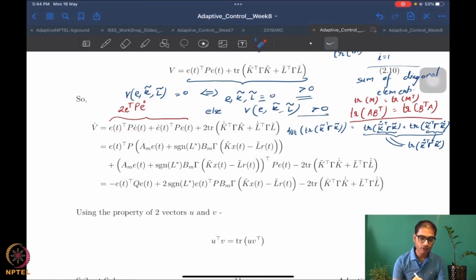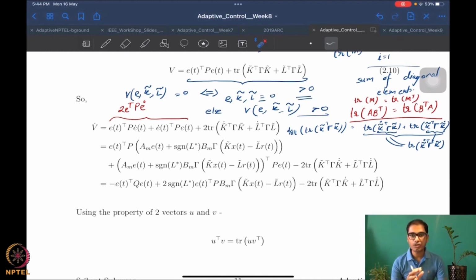If I take the transpose of this term, I get E transpose P transpose E dot, but because P is a symmetric matrix, this is the same as E transpose P E dot, the same as this term. So I could have written this very well as twice E transpose P E dot.